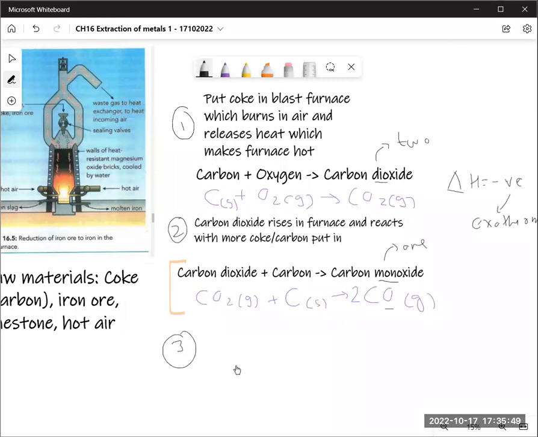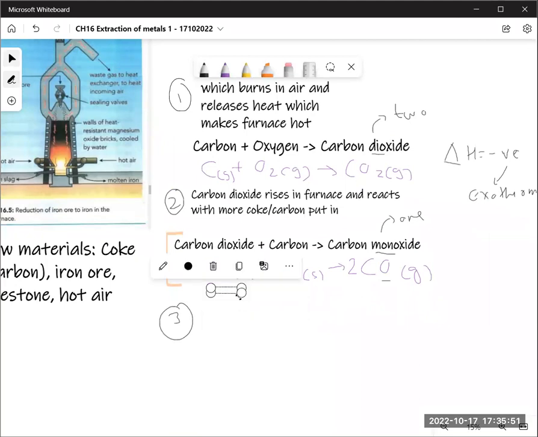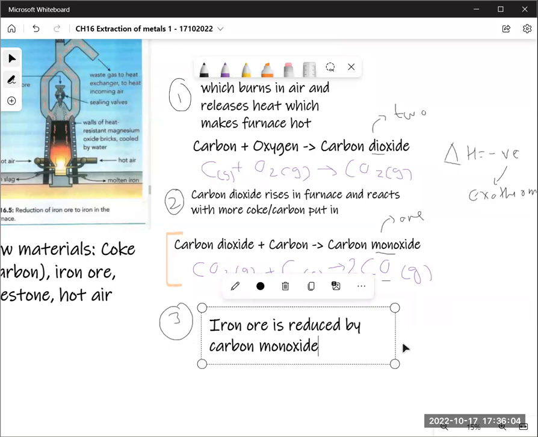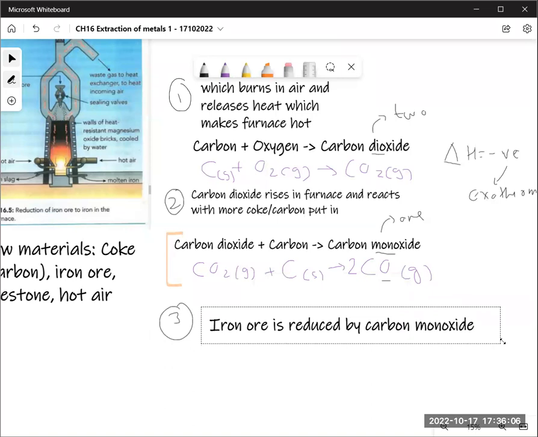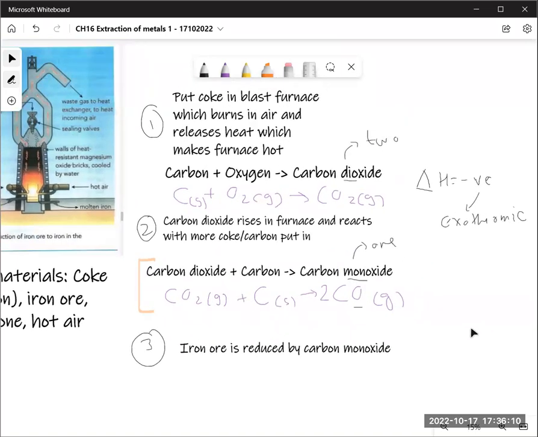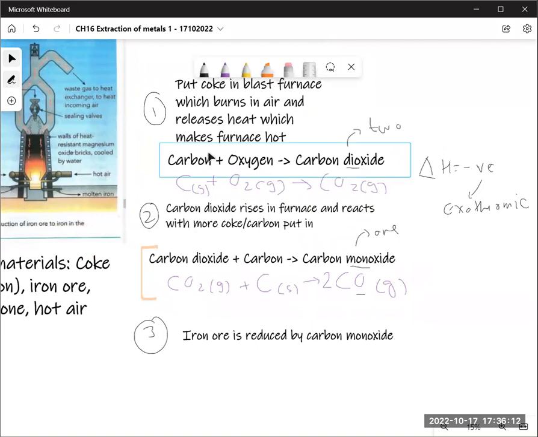Now the final step here. I'll do questions, but keep writing, finish writing quickly. The last thing is iron ore is reduced by carbon monoxide. Well, there's one more step, but pretty simple. You put carbon, coke, inside it, and it reacts with oxygen, gives us carbon dioxide.